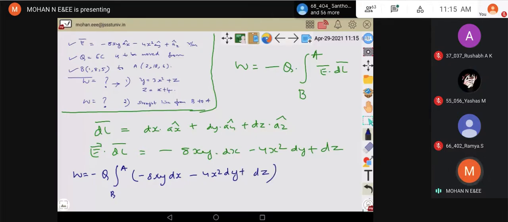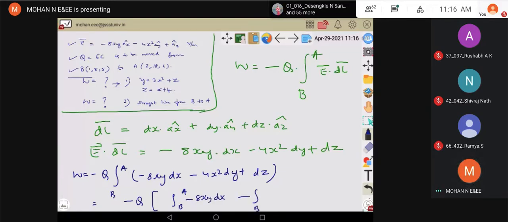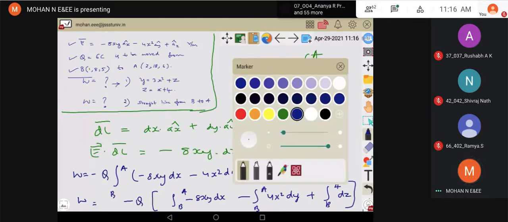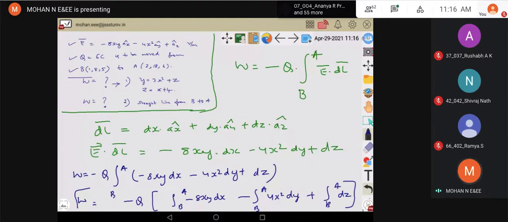Now split this integral: minus Q times the integral from B to A of minus 8xy dx, minus the integral from B to A of 4x square dy, plus the integral from B to A of dz. This is the simplified expression. Let us take this on to the next slide.